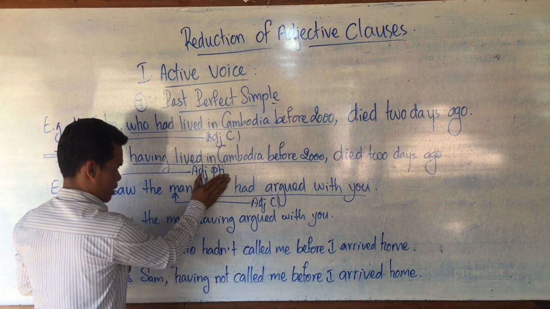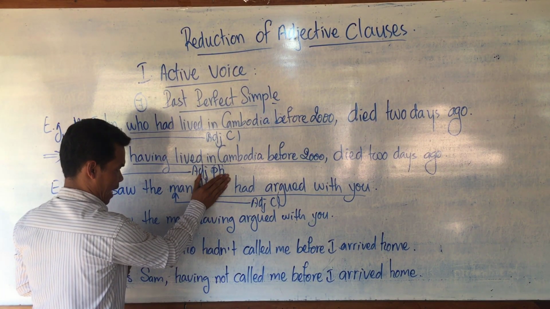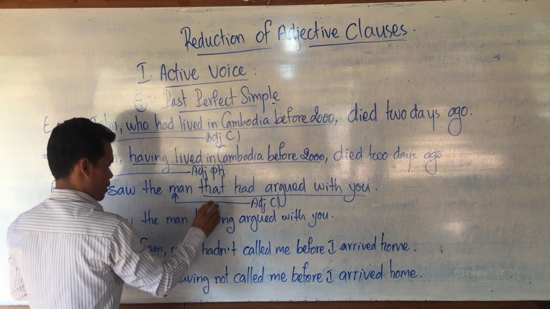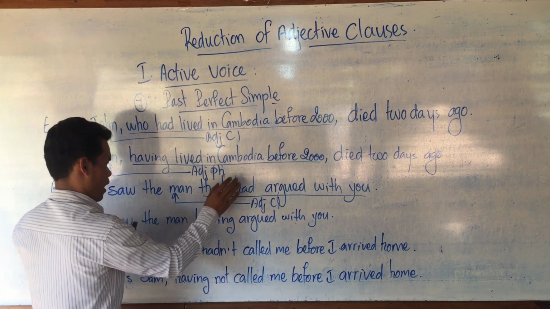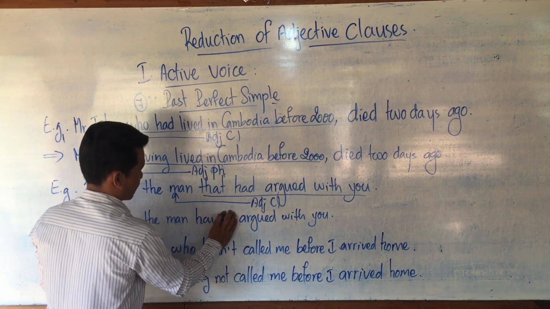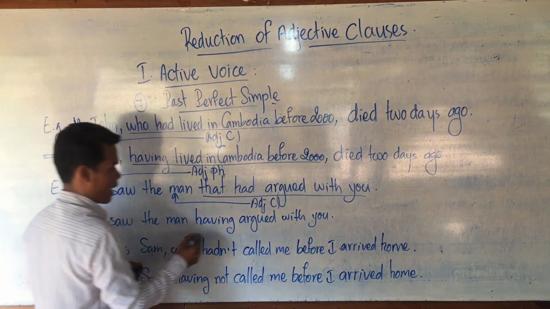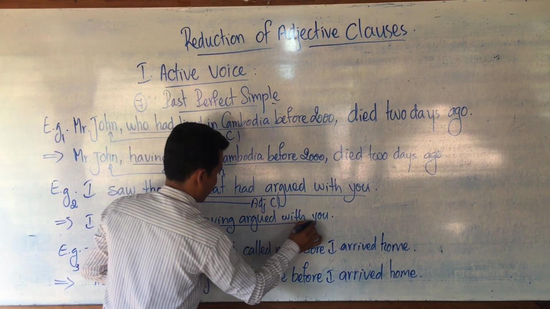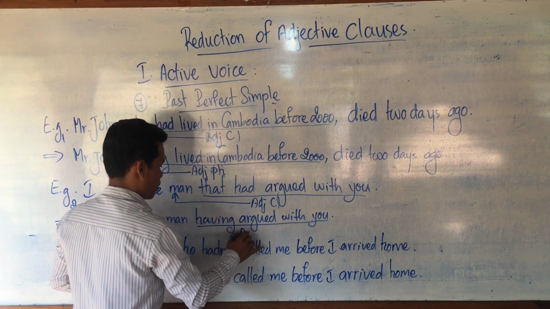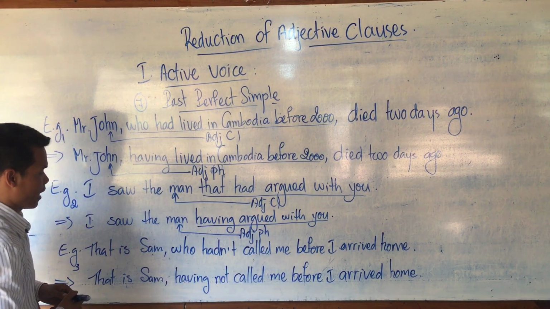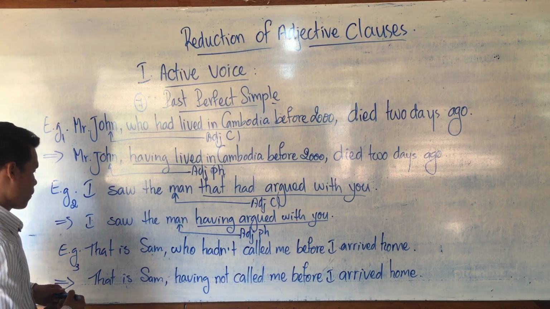You delete the relative pronoun that, but had must be changed like this. We change had to have first and then add ing. So we can write: I saw the man having argued with you. So having argued with you is an adjective phrase or participial phrase modifying the antecedent noun the man.